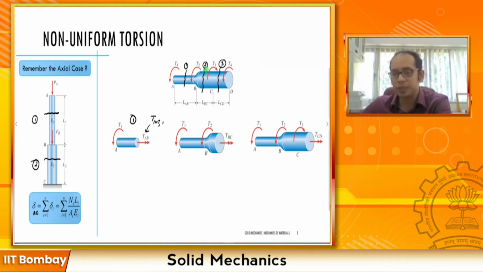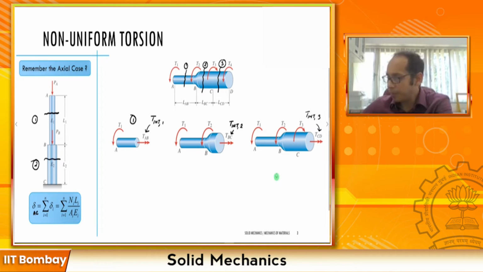If I cut another section 2 over here, the internal torque there is T_BC, so T_int 2 is T over here. And lastly, if you cut a section over here, remember, to make your life simple, you should take the right-hand part of this shaft to draw the free body diagram, though you can do it here as well. So here I have T_int 3, your T_CD.